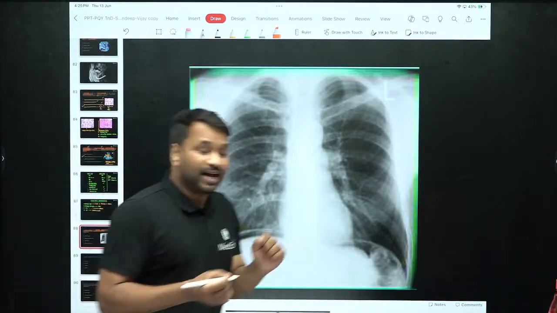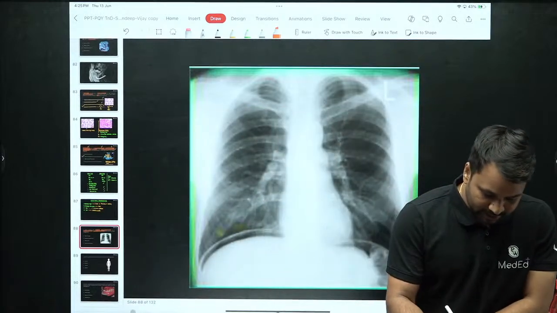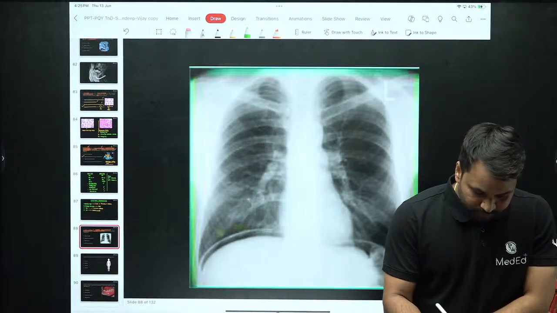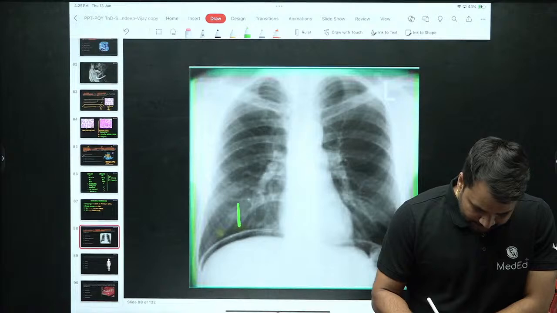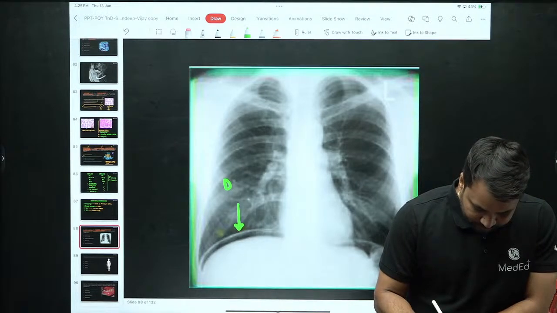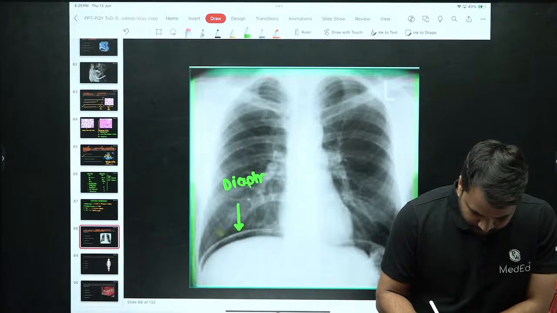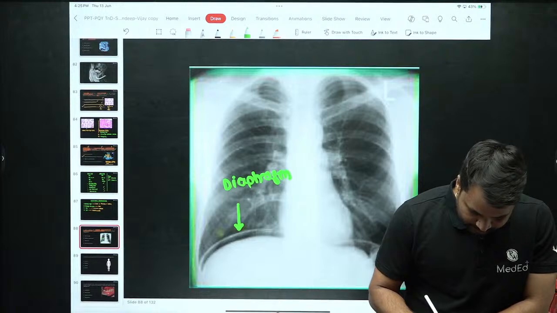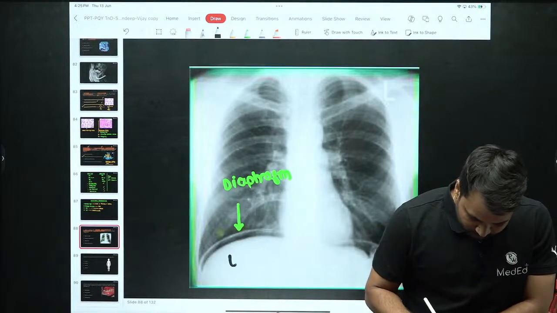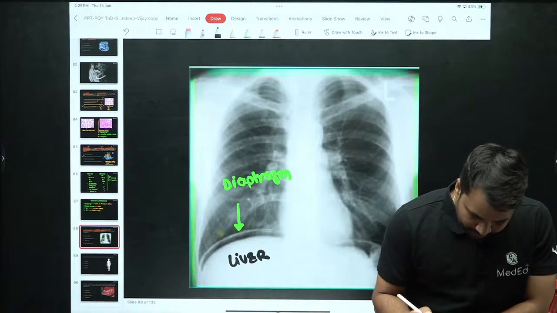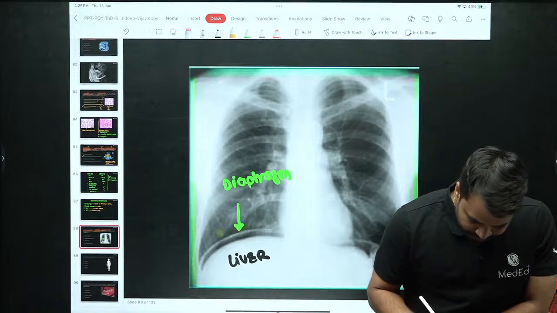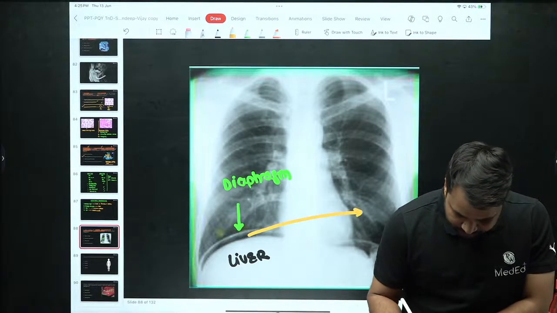This is free gas under the right hemidiaphragm that is seen across here, right? So you can see that this is the diaphragm, this is the liver shadow, and between these two, we have the free gas.